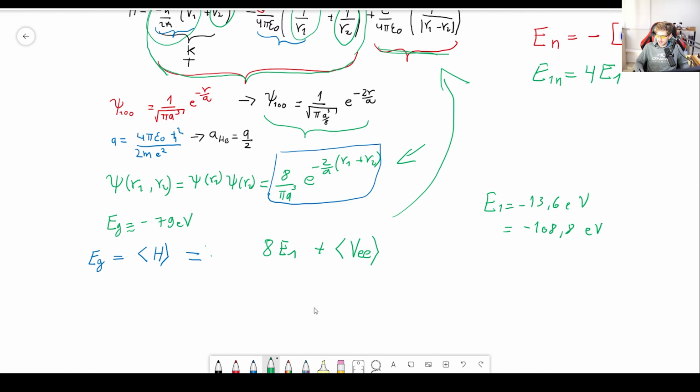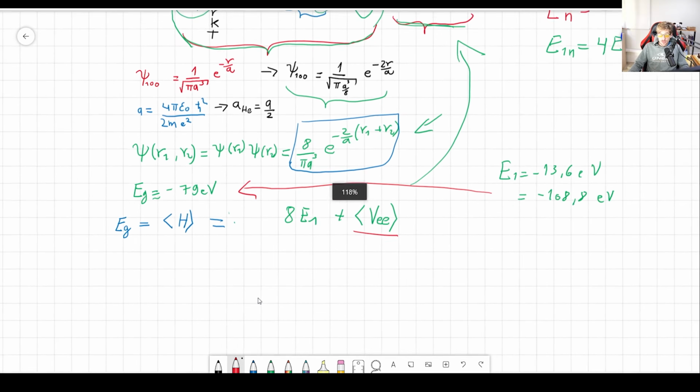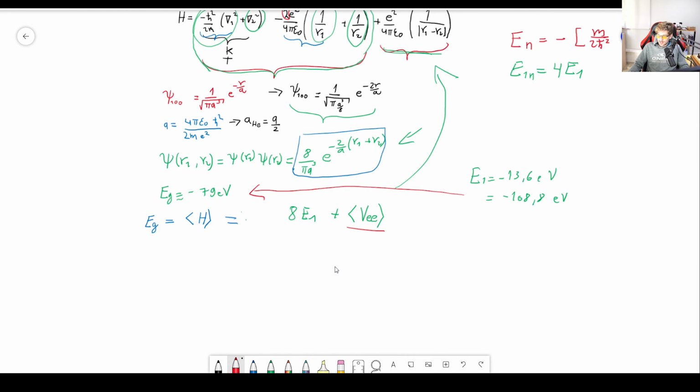Okay, so as we can see, without considering the interaction between the electrons, we are overestimating this, or actually underestimating. So we need more corrections. We need to consider this interaction.